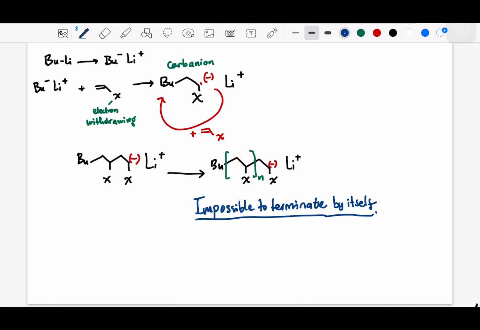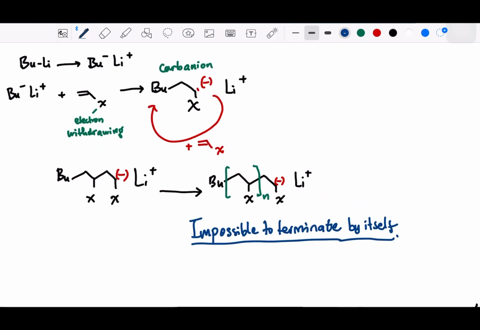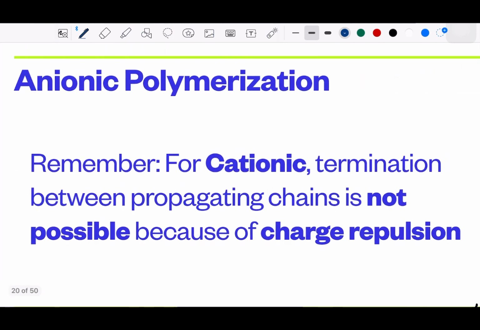Okay, so let's continue. We said here it's impossible to terminate by itself. So in anionic polymerization, if you remember, in cationic, the termination is not possible because of the charge repulsion, right?